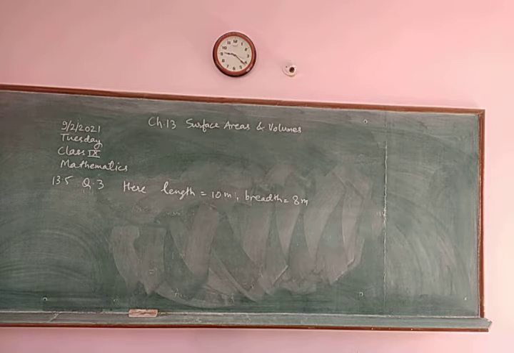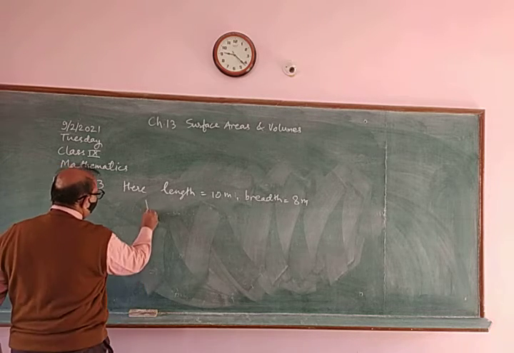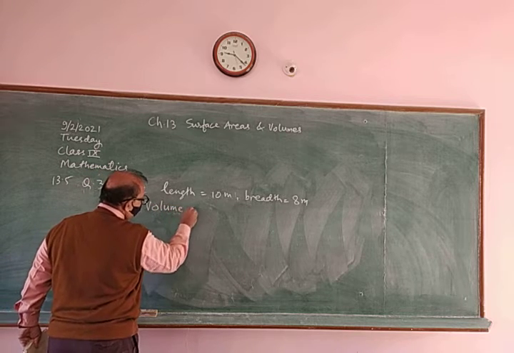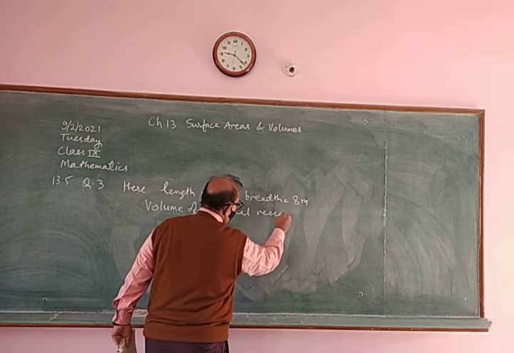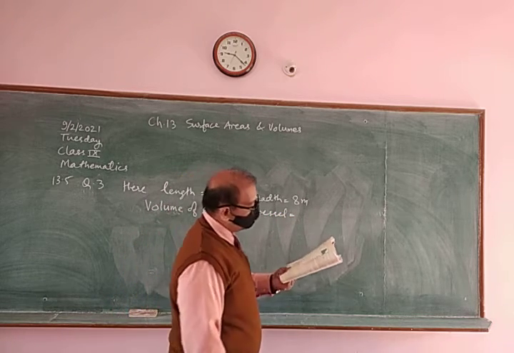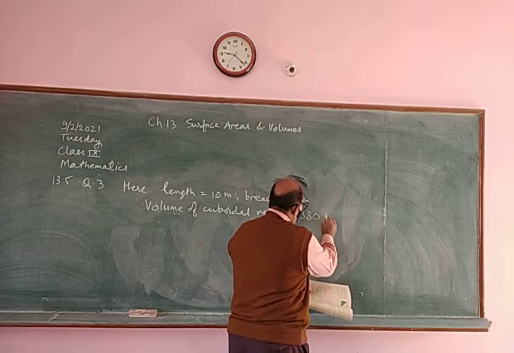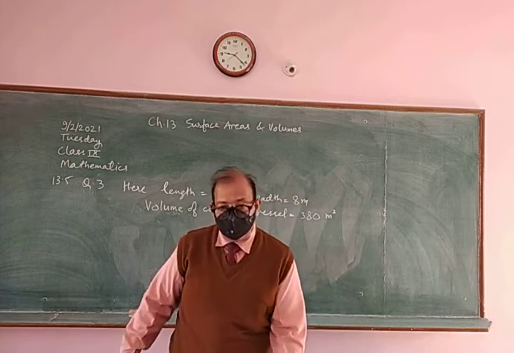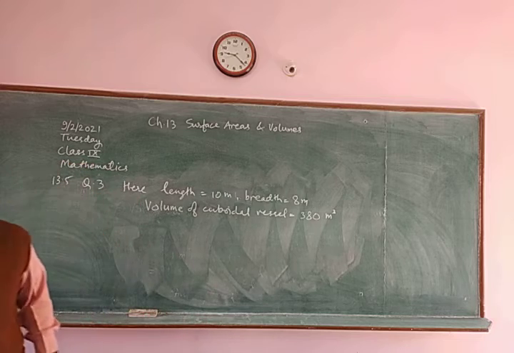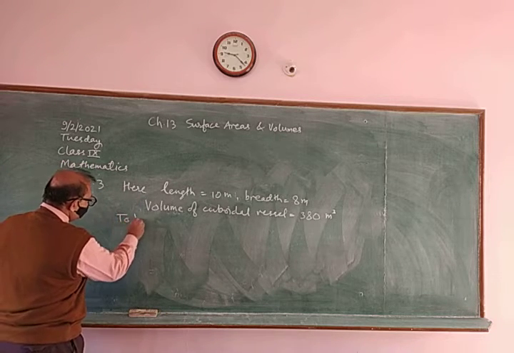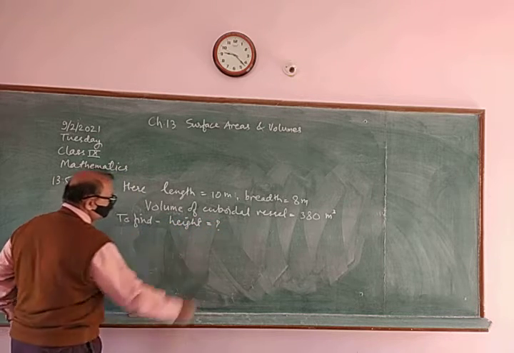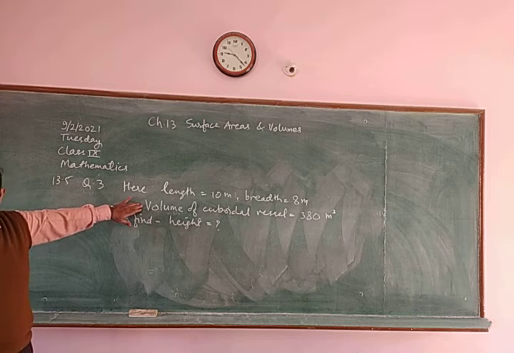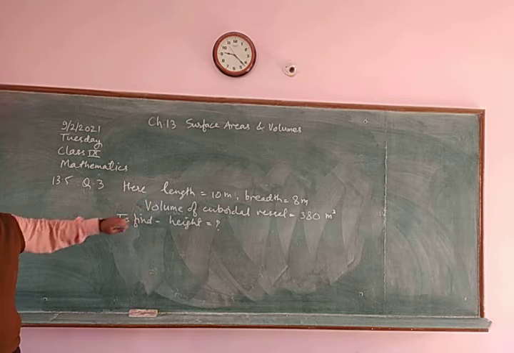And volume of cuboidal vessel is equal to 380 cubic meter. Okay, it is given. And we have to find the height. So we will take this one and then we will find the height.